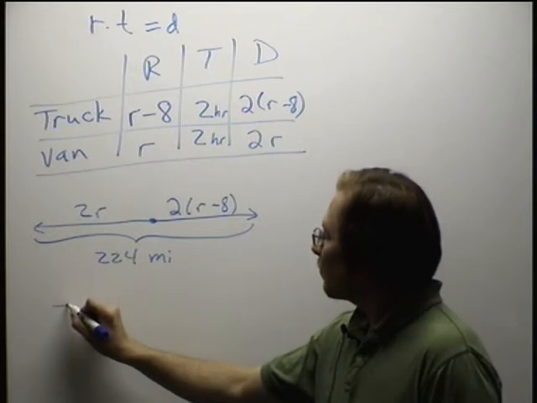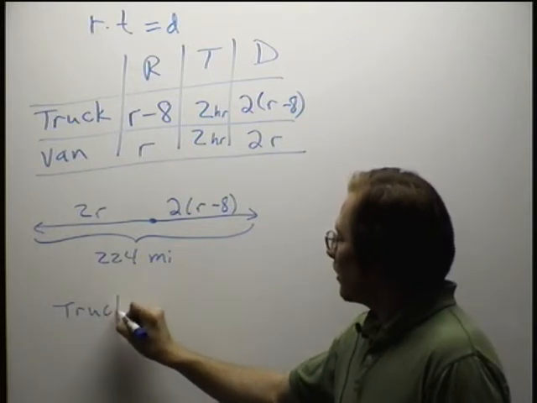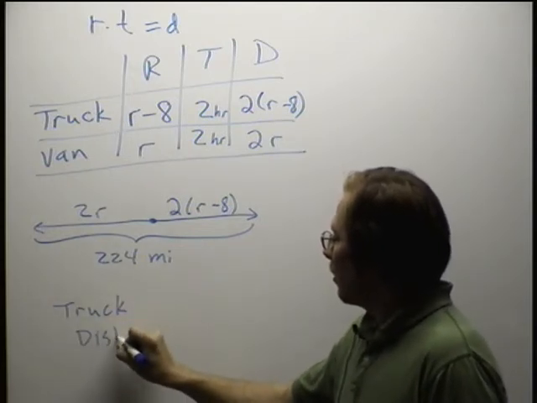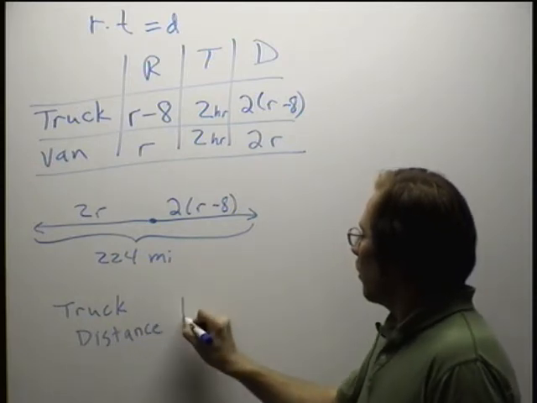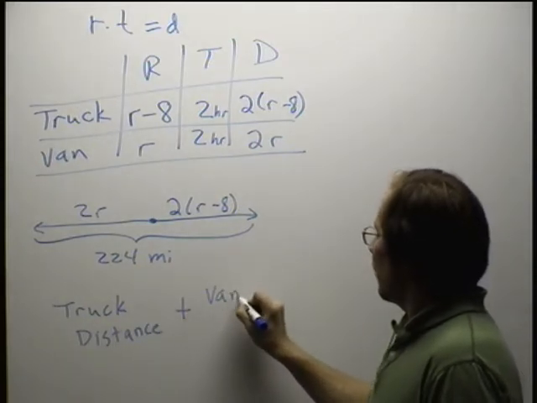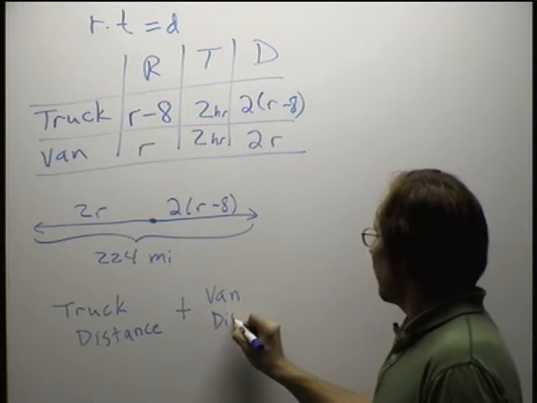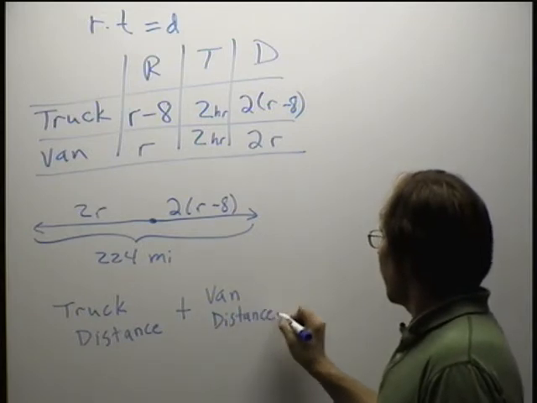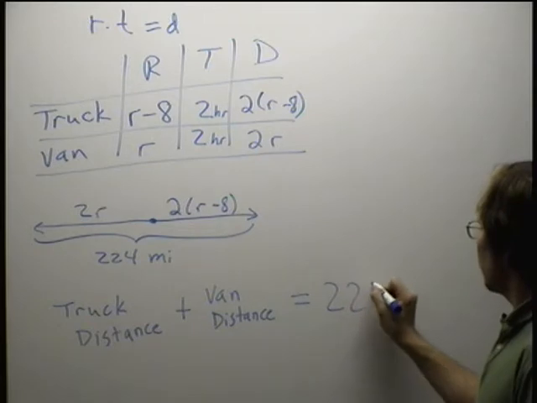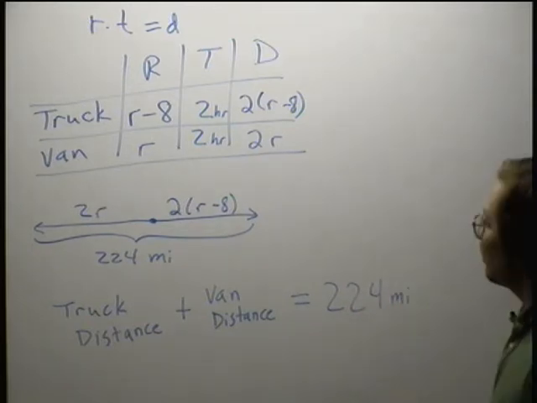The truck distance plus the van distance equals 224 miles.